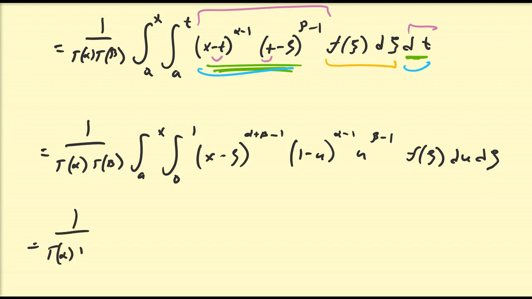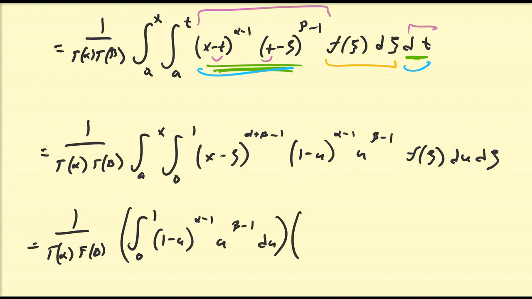So we have 1 over gamma alpha, gamma beta. That's not an f, that's a gamma. And then this is going to be equal to the integral from 0 to 1 of (1 minus u) to the alpha minus 1, u to the beta minus 1 du, multiplied by the integral from a to x of (x minus psi) to the power alpha plus beta minus 1, f of psi d psi.